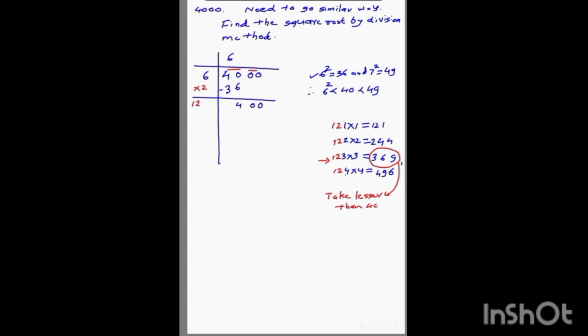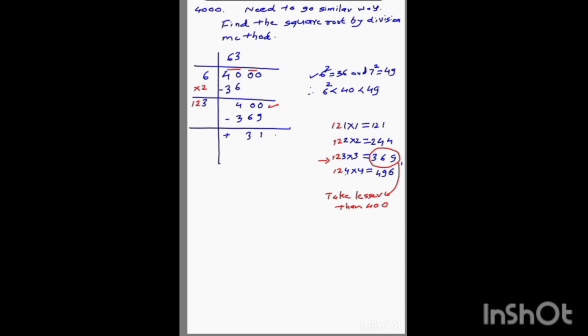So we will write 123 and 3. See now the actual problem: 123 into 3 is 369. Now carry out the subtraction. That will be 31, and remember it is plus 31.